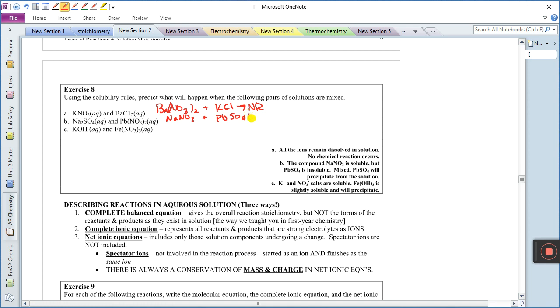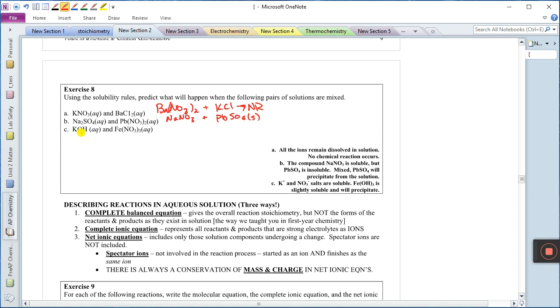Okay, they didn't explicitly put it in there, but typically what it comes down to, if it's not something that's explicitly listed in that set of rules, it's insoluble. So sulfates in particular tend to be fairly insoluble. There are some exceptions that go other ways, but unless it's with a group 1 metal or ammonium, assume your sulfates are going to be insoluble until they tell you otherwise.